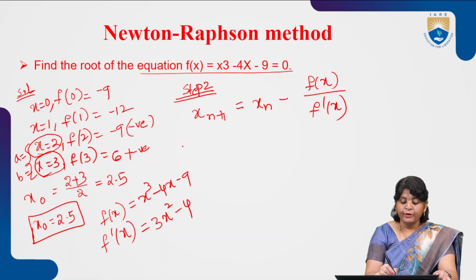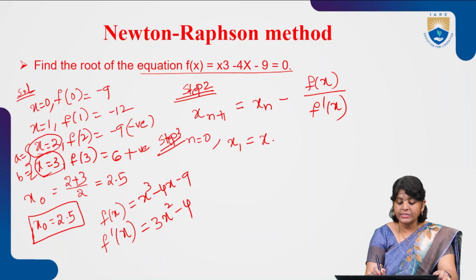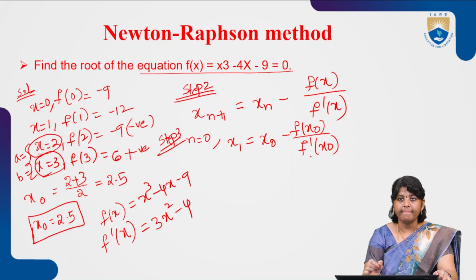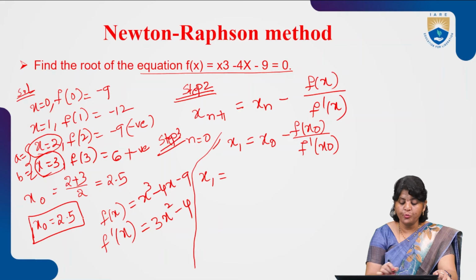Now, for the first iteration, n is equal to 0. This is step 3. x1 is equal to x0 minus f of x0 by f dash of x0. So x1 is equal to x0 value, I am going to take 2.5.